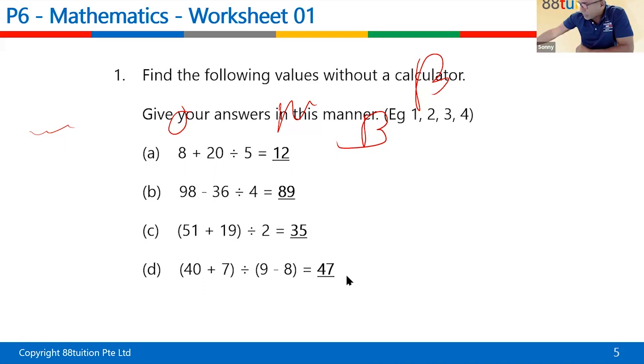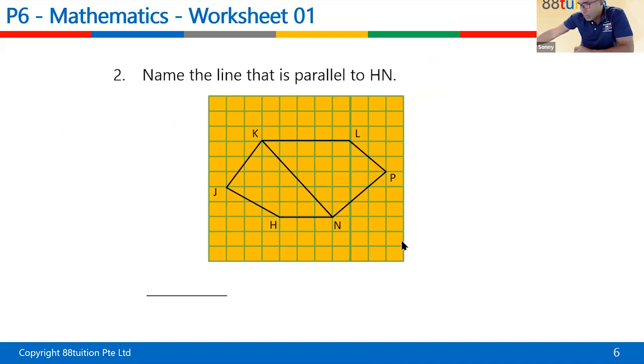So I can see the answers on the screen. Yeah, okay, I know that. All right. Okay, good. Now this part. You got to tell me what you understand by the term parallel.